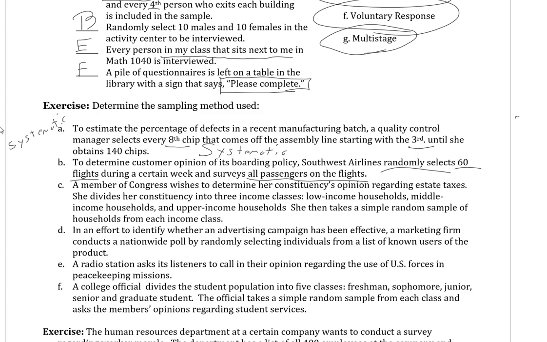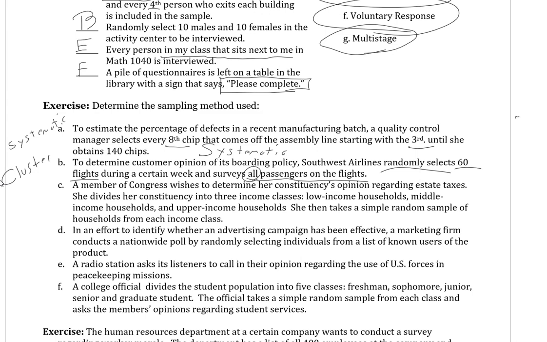They randomly selected 60 of the flights, and then they surveyed all passengers on the flights. That indication of looking at every passenger on each of those 60 flights makes this a cluster sample. They randomly selected clusters, the clusters being flights in this case, and then they interviewed everybody in those clusters.